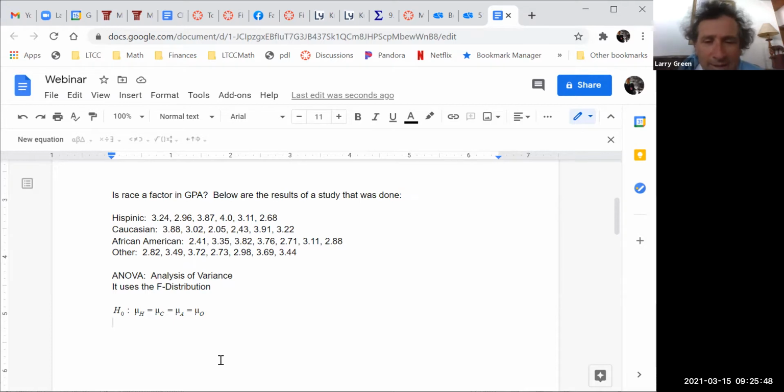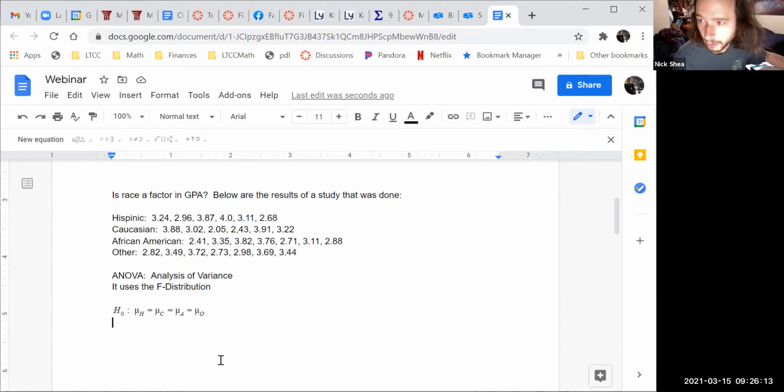Okay, the next piece is a little bit challenging. What is the opposite, right? So remember, the null hypothesis is what you're trying to show is wrong. So if the null hypothesis is wrong, if we do not have that mu sub h equals mu sub c equals mu sub a equals mu sub o, what does that tell you about the means?